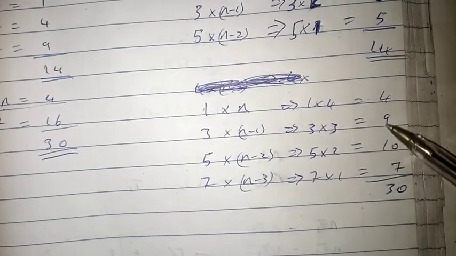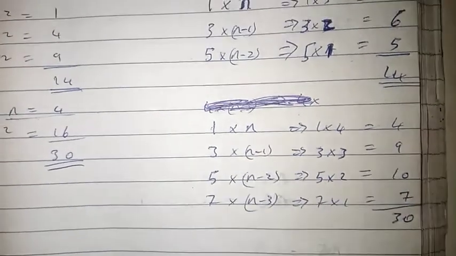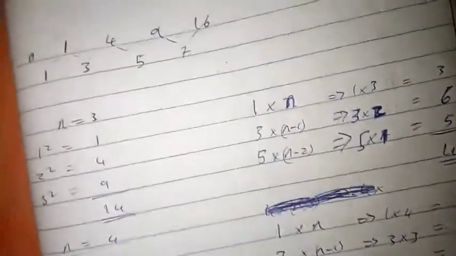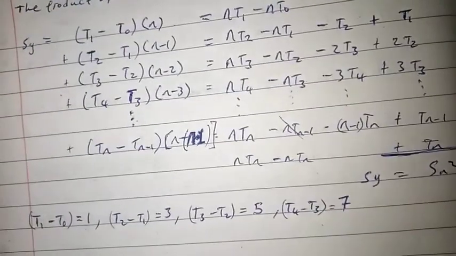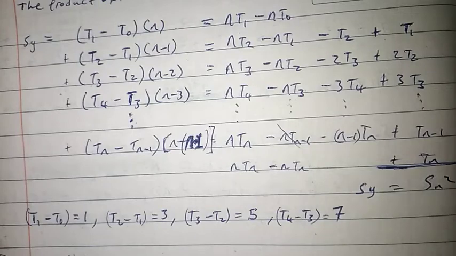You see that it also sums up to 30. So if you have that concept, then it becomes easy to derive the formula. The sum of the product of the difference and the n term sums up to Sn square.